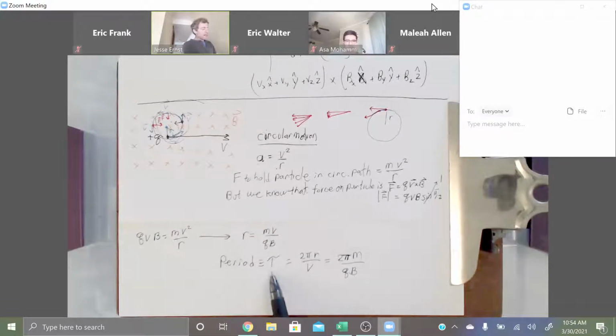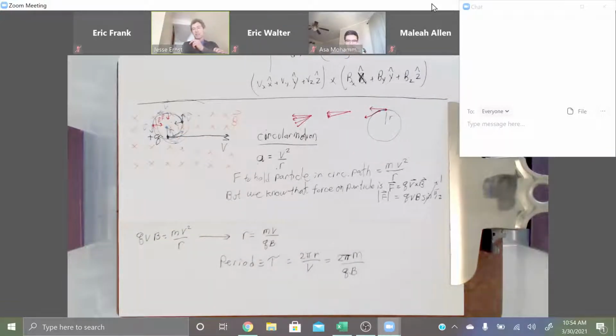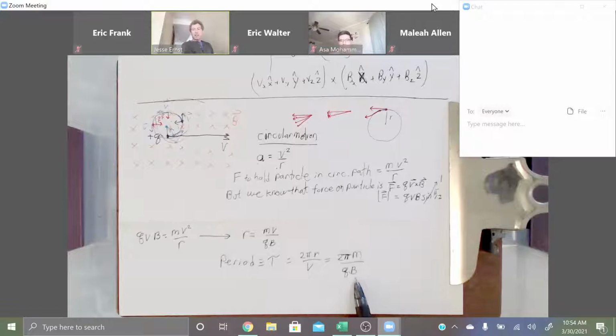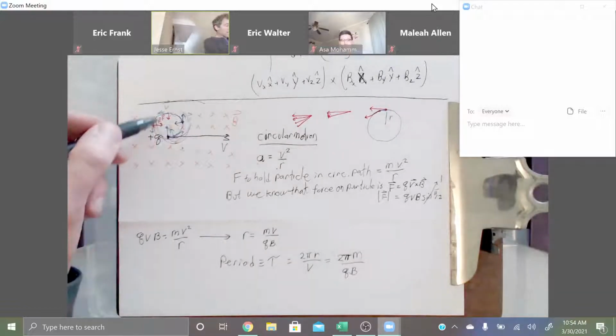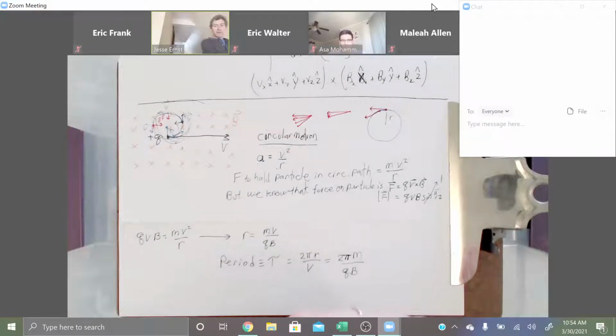So there's something funny in this. The time it takes to go around the circle is independent of how fast the thing is moving. Right? That's just a constant. It depends on the mass, the charge, and the magnetic field, and that's it. The period, the time to go around, does not depend on how fast the thing is going.